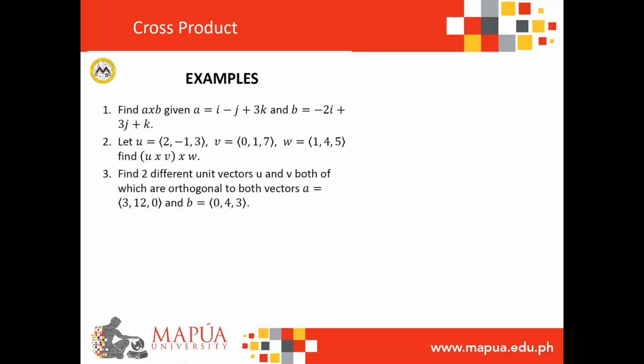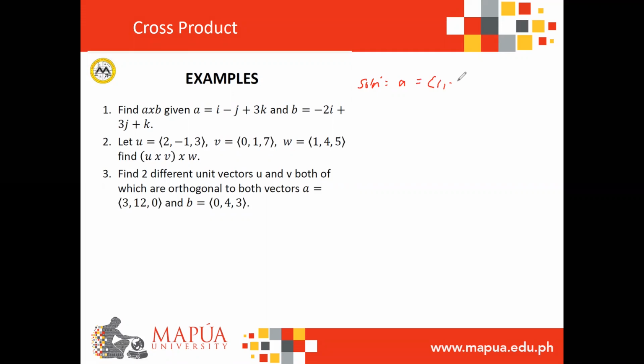So let's identify the components of your vectors A and B. Vector A will have, in component form or bracket notation, 1, negative 1, 3. And then your vector B, we have it as negative 2, 3, 1.